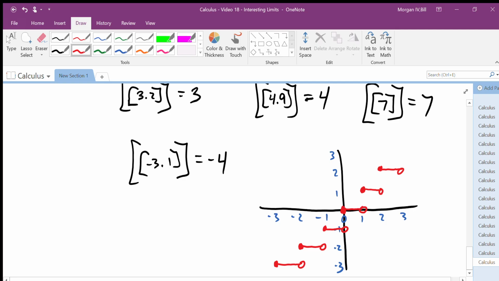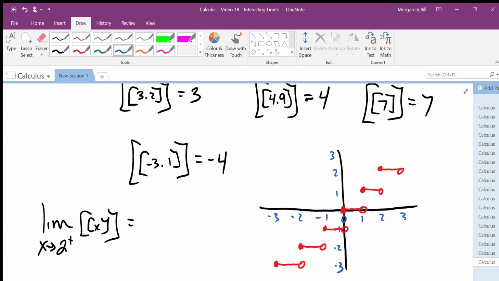Which brings us to things like this. What is the limit as x approaches 2 from the right of the greatest integer function? Well, from the right, here's 2. From the right, we see that the curve, the y value, is approaching 2.